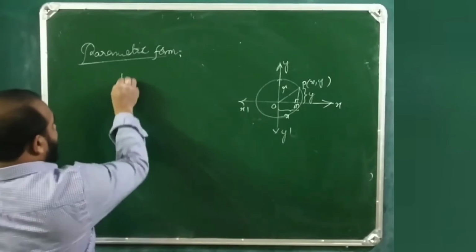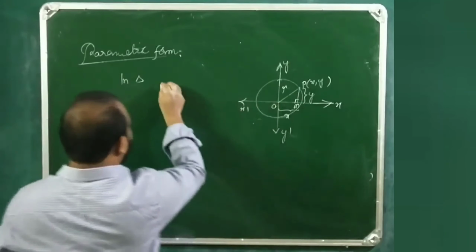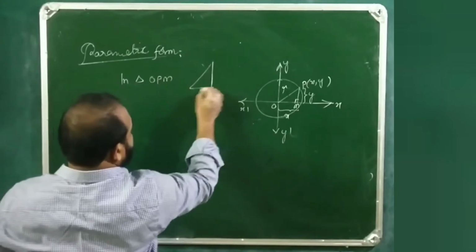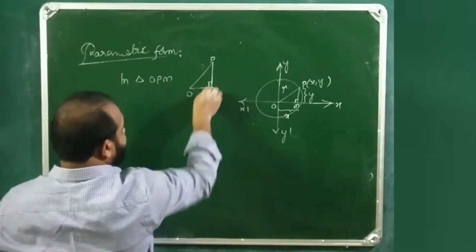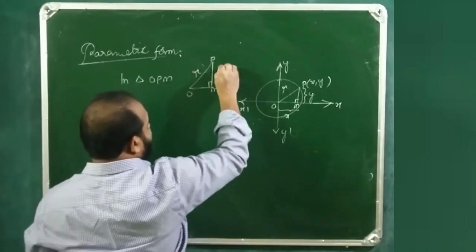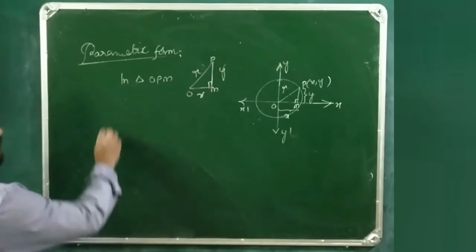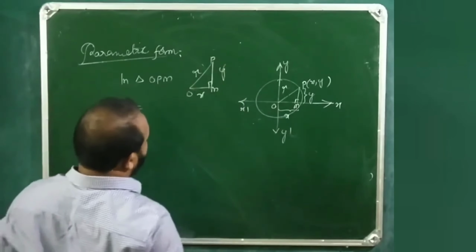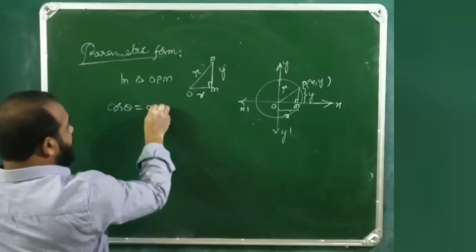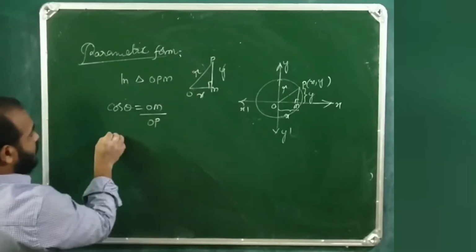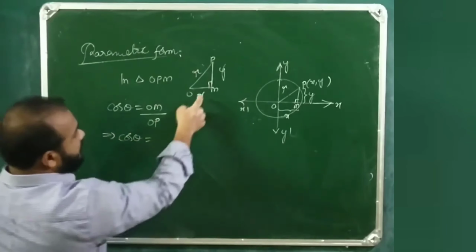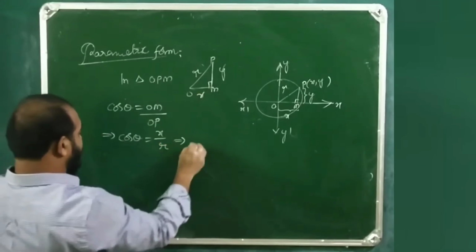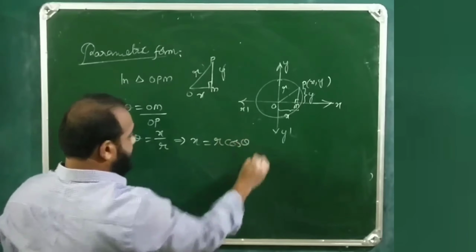So in triangle OPM, this is r, this is y and this is x. So cos theta is equal to OM by OP. So cos theta is equal to x by r. So from this, x is equal to r cos theta.